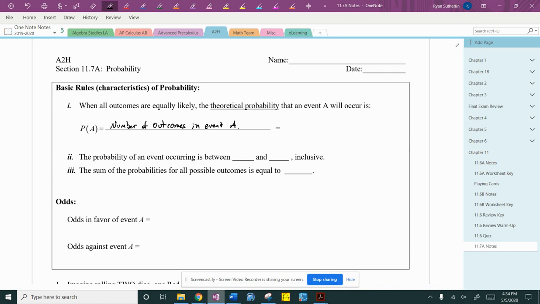That's my success, that's my number of outcomes. And that's divided by the total number of outcomes in the set. This is most commonly referred to as the sample space.